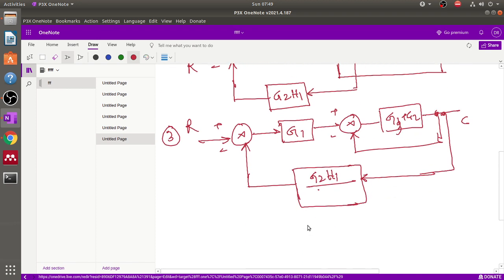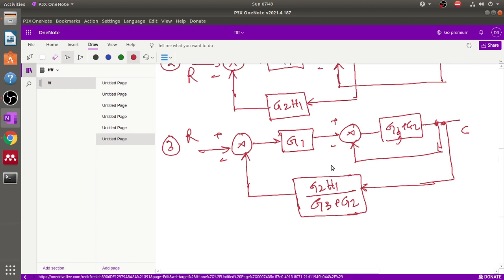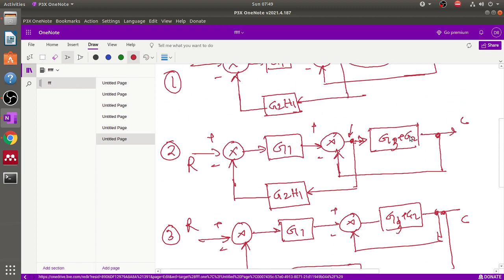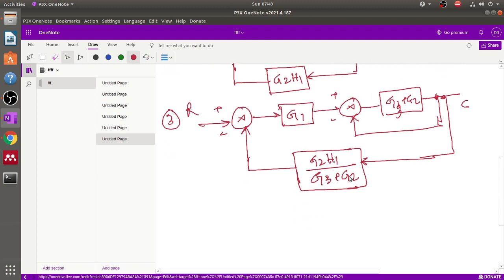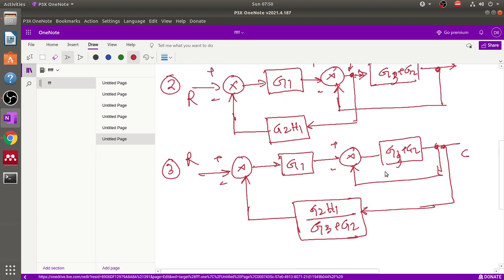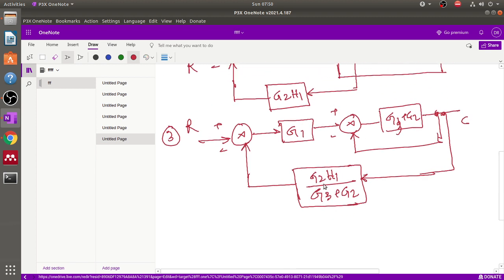So now we divide this by G3 plus G2. Why? Because this takeoff point is basically before this block. So after this block, this is basically multiplied by this. So to avoid this G3 plus G2 gain, we divide this signal G2 into H1 by G3 plus G2, because when this is multiplied by this, we get the original signal G2 into H1. That's why we divide here by G3 plus G2.